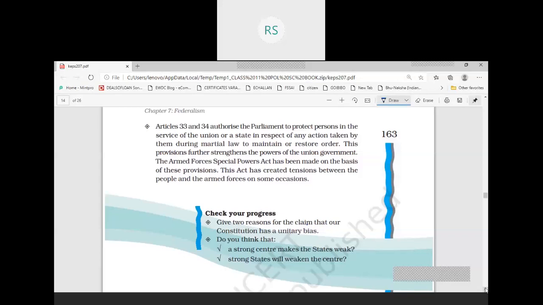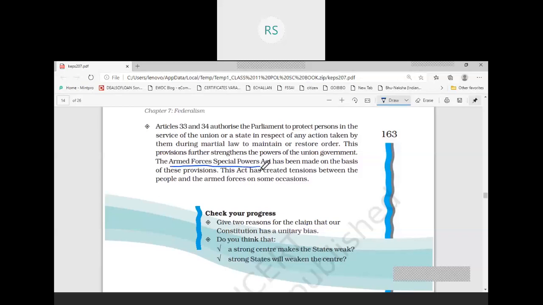So in this regard also, the parliament has the power to legislate. Then only these armed forces or paramilitary forces or police will be able to use these special powers. And in this regard, we have this Armed Forces Special Power Act.